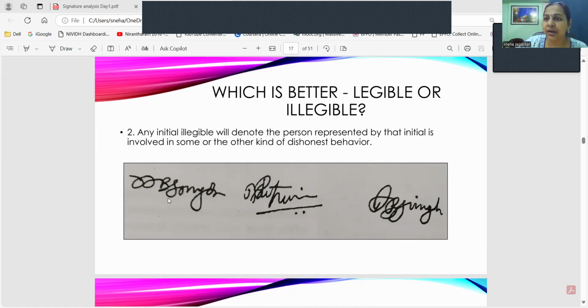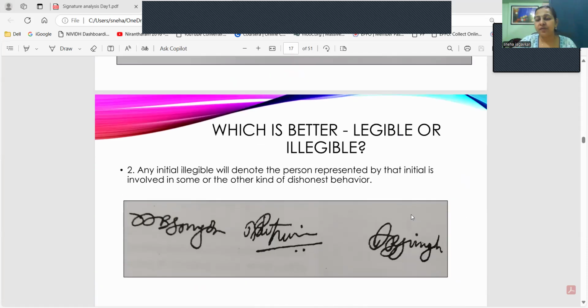But I too had a difficult time understanding what alphabet it actually is. So this is A, which is in loops. This is B, this is S, and INGH. Again, this is a partial illegible signature. This becomes a complete illegible signature, and this again is a partial illegible signature.